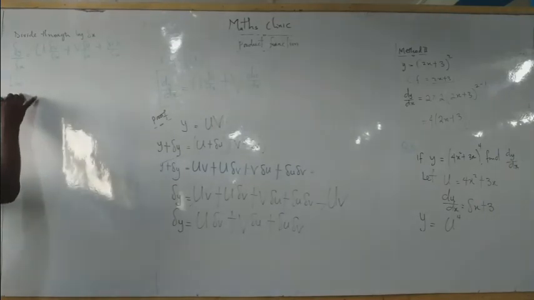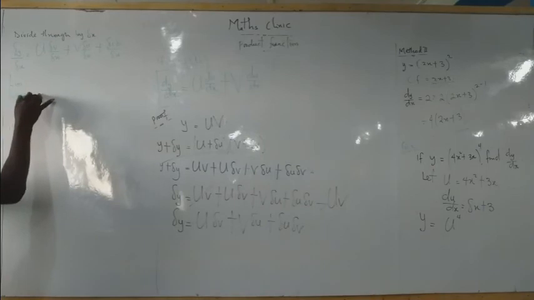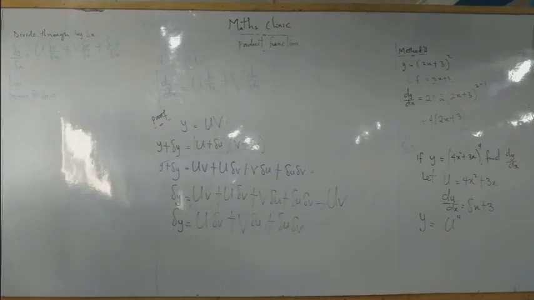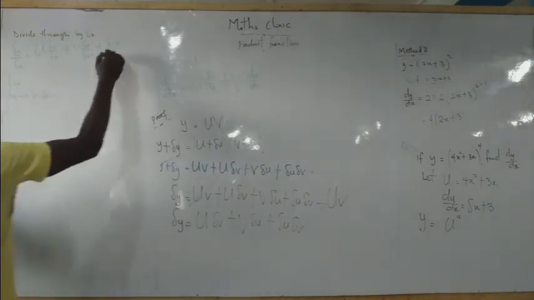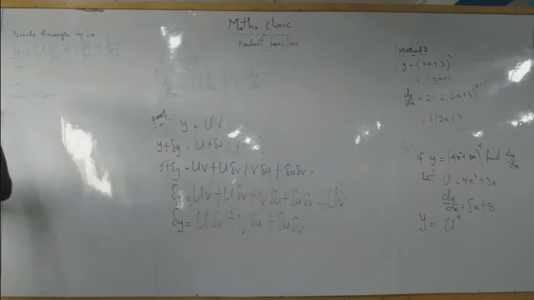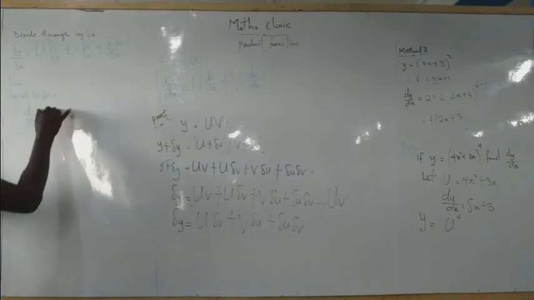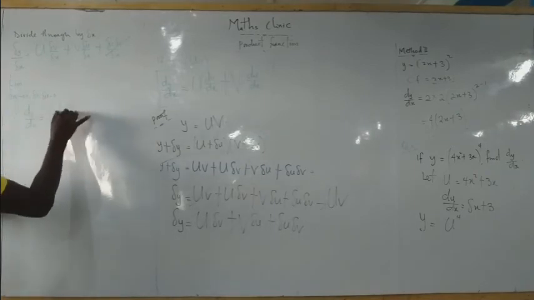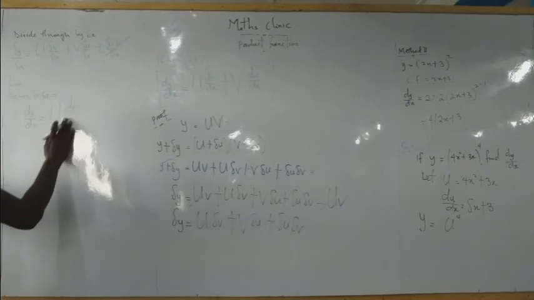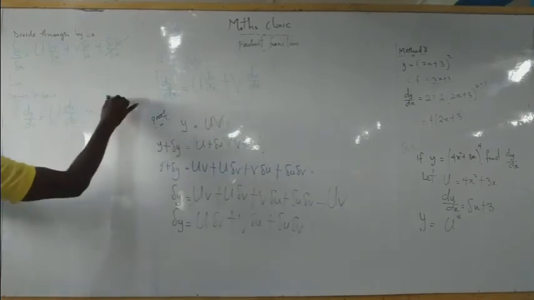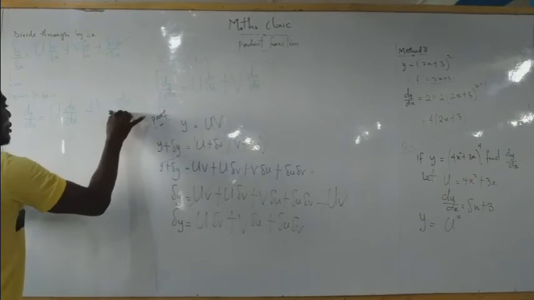Let changing x tend to 0, changing v and changing u tend to 0. So everything here will become 0. Therefore dy over dx equals u dv over dx plus v du over dx.